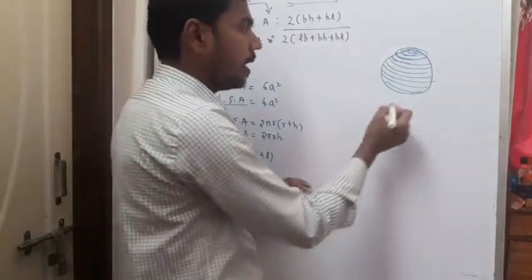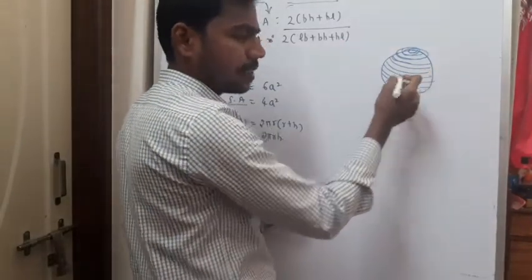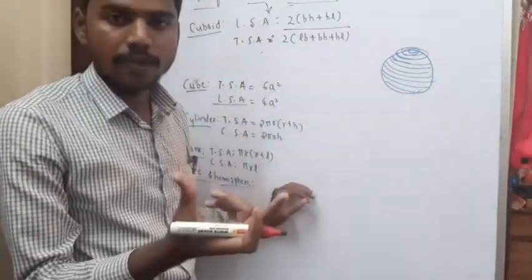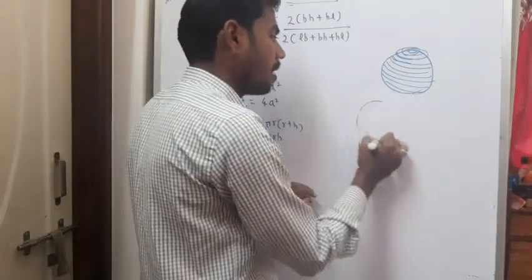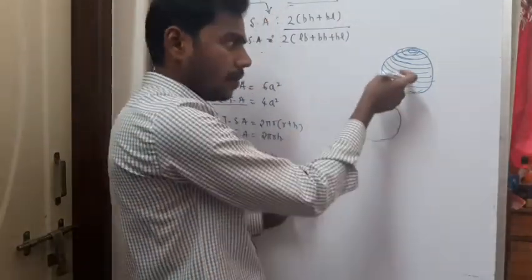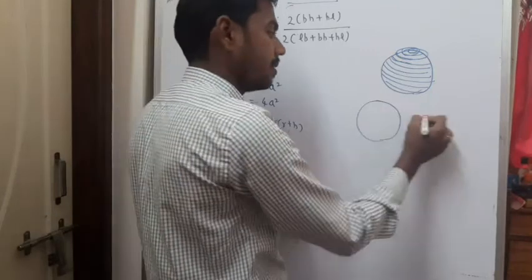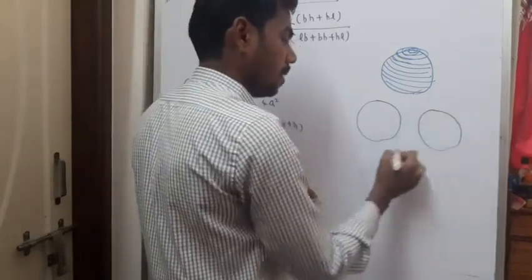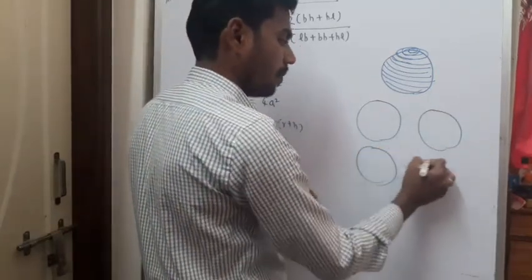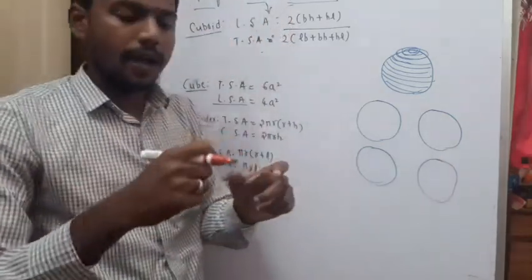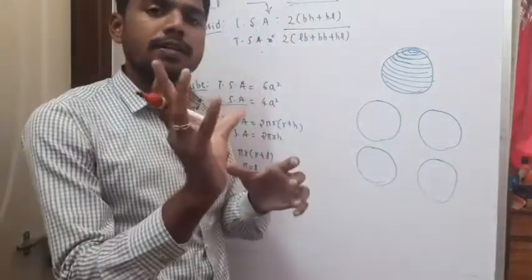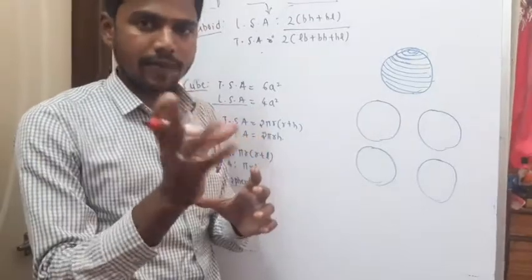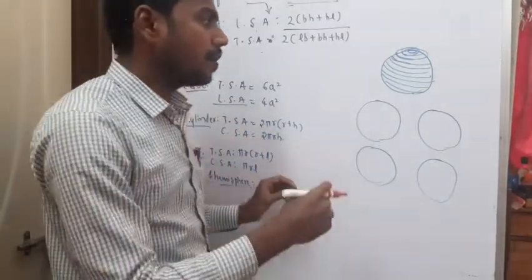And take out the thread, and try to find the radius of the ball, and try to draw 4 circles using this particular radius. Using this, what you are going to do? Take a thread and try to wind it across the circular ball. That is a perfect example for sphere. And what you are going to do?